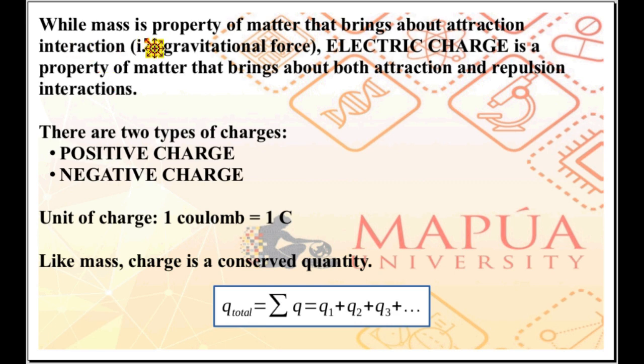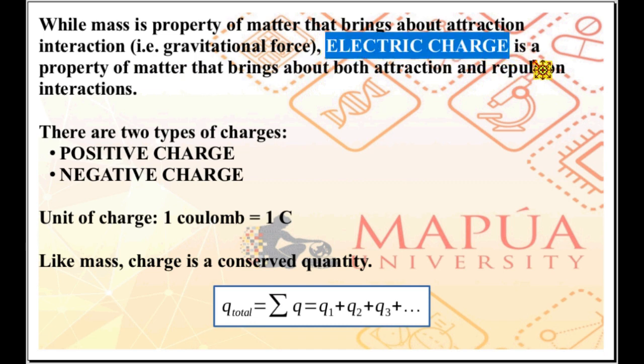While mass is a property of matter that brings about attraction interaction, i.e. gravitational force, electric charge may be seen as a property of matter that brings about both attraction and repulsion interactions.